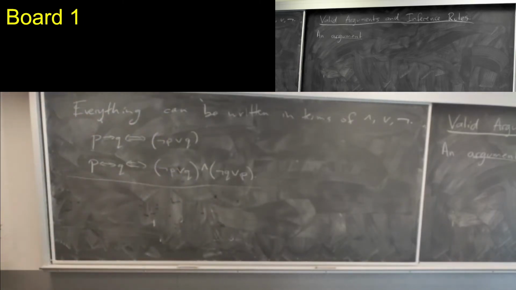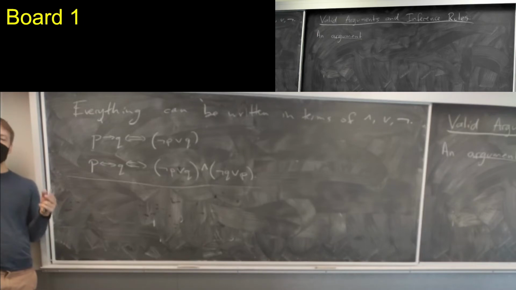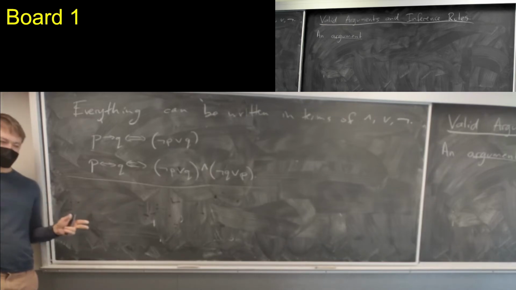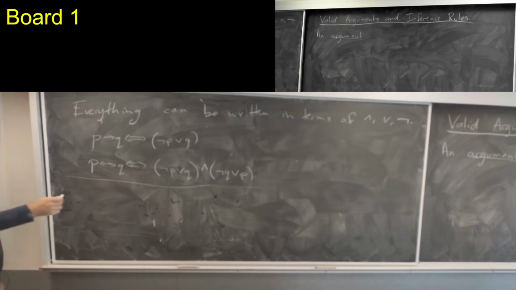One little side comment from the notes: technically, if you really wanted to, you could write everything in terms of just ands and nots with no ors. I wouldn't recommend doing that because it'll make your expressions much longer and more complicated, but you could.